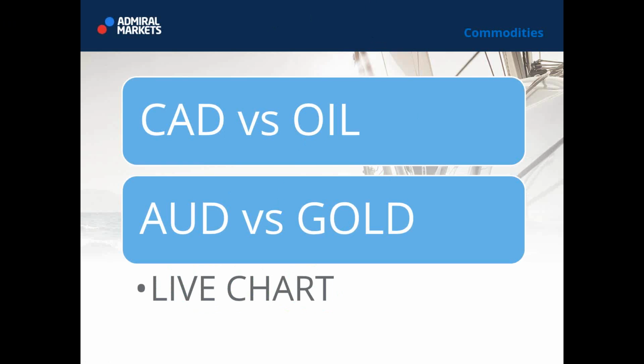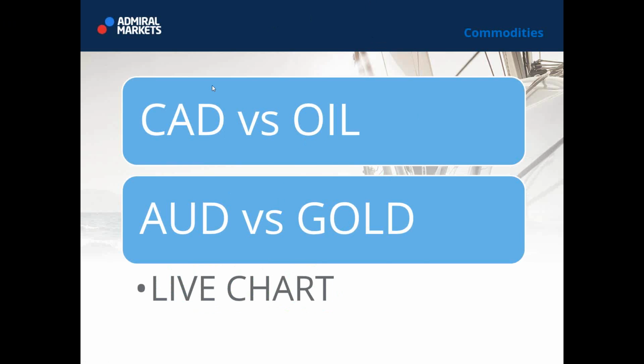If demand for oil drops, it will hurt demand for the CAD. So dollar CAD and oil are negatively correlated. Dollar CAD up, oil down, dollar CAD down, oil up, and so on.